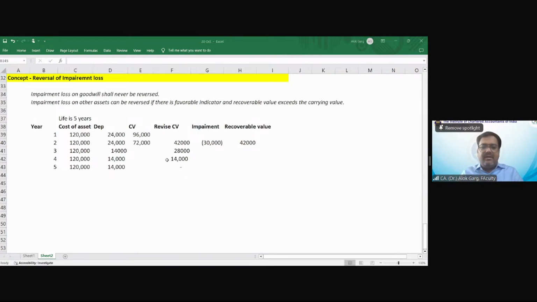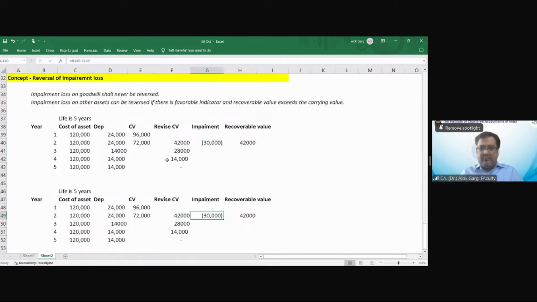In the same example, let's assume at the end of the third year, the recoverable value becomes 50,000.